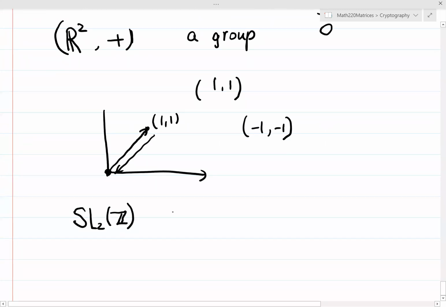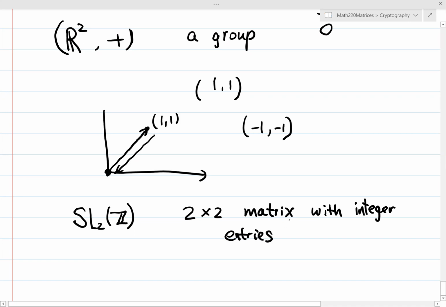This is the 2 by 2 matrices with integer entries. This is also a group, where the group operation is matrix multiplication.